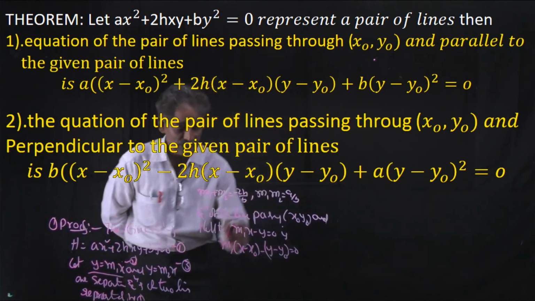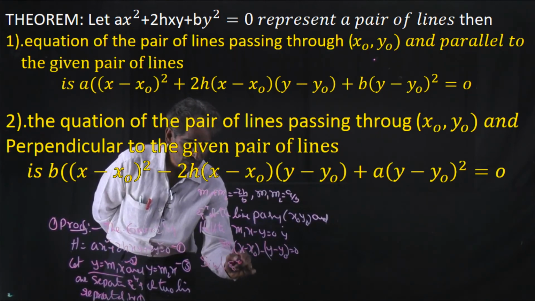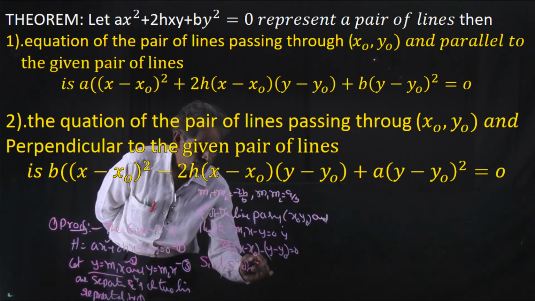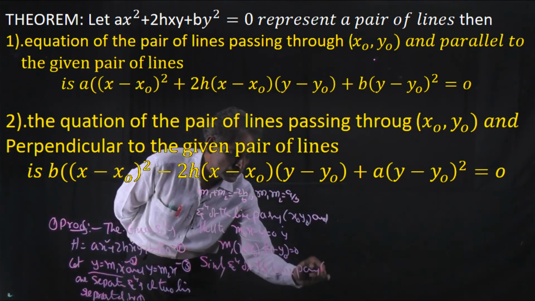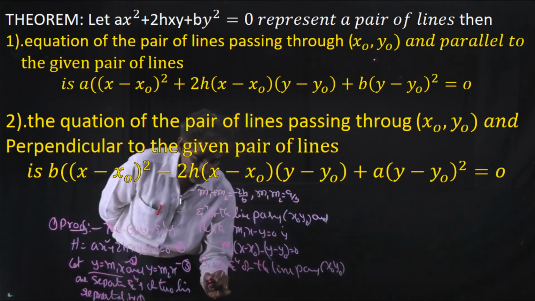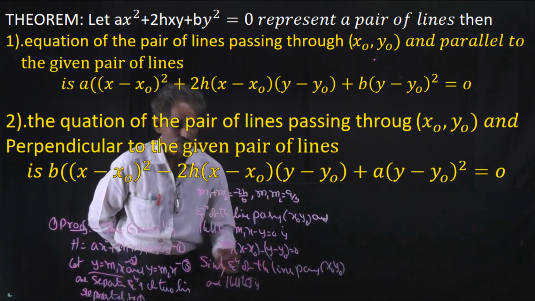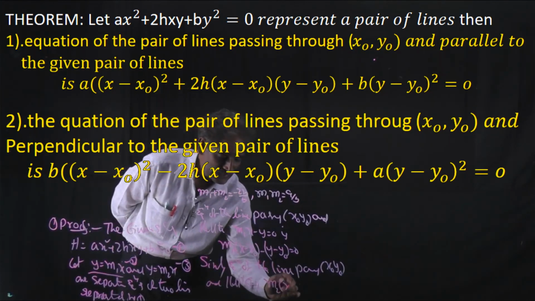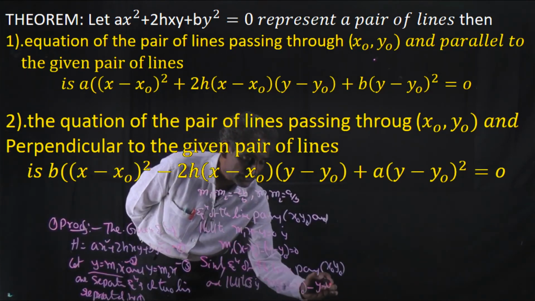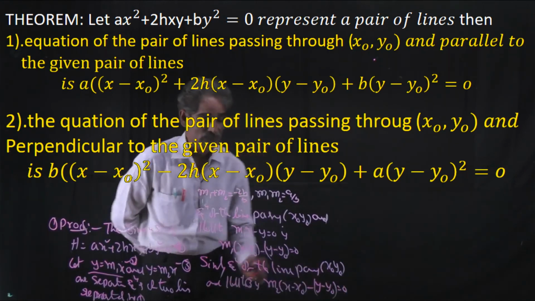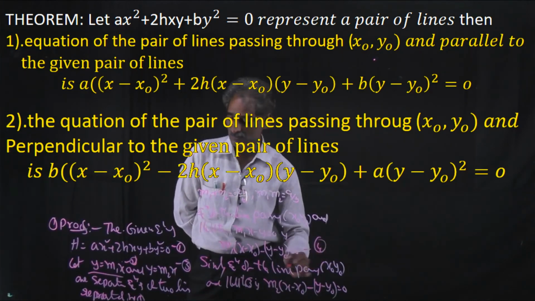Understand? Similarly, the equation of the line passing through (x0, y0) and parallel to 3 is m2(x - x0) - 1(y - y0) = 0. Let these be 4 and 5.